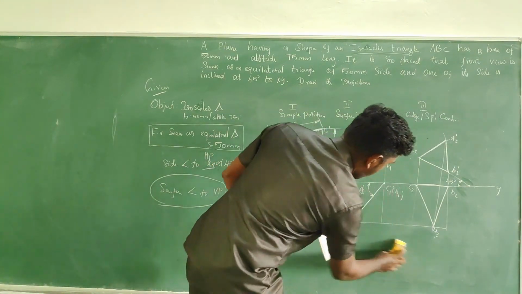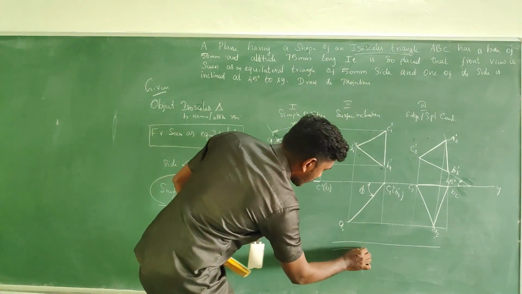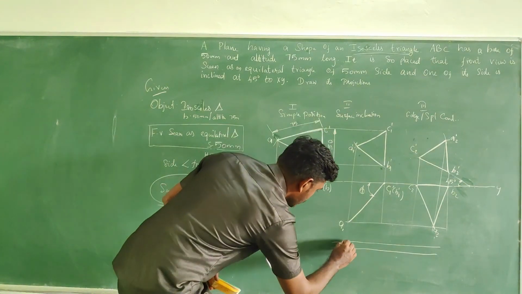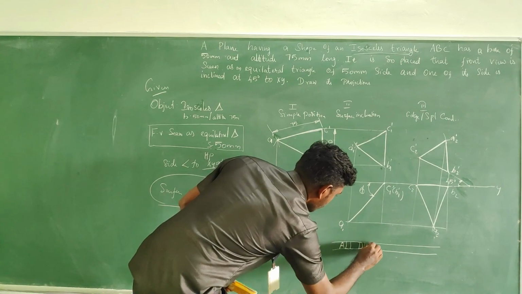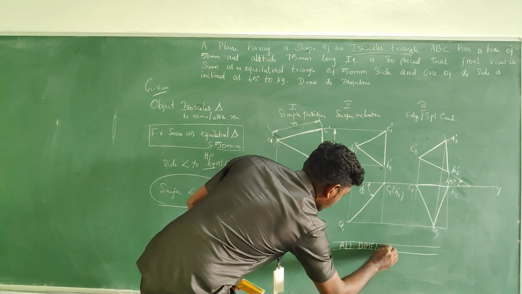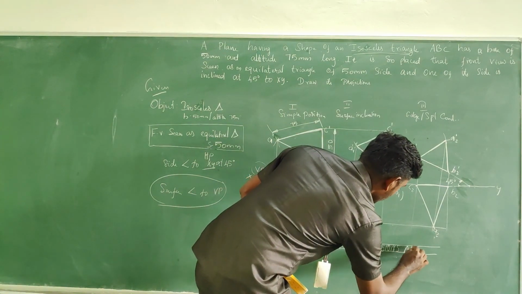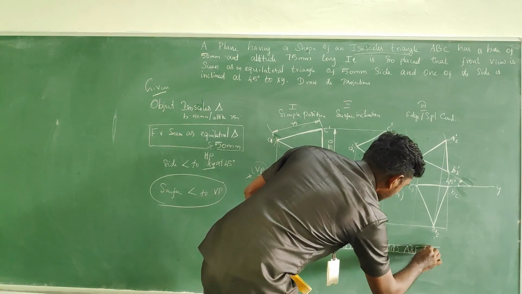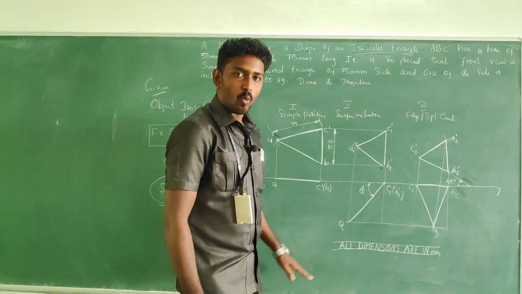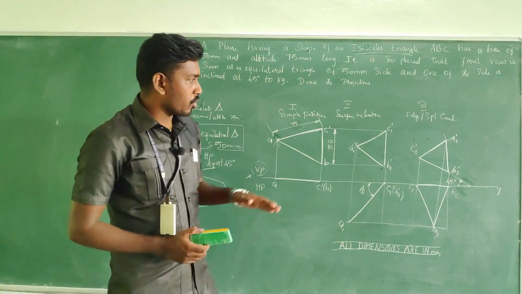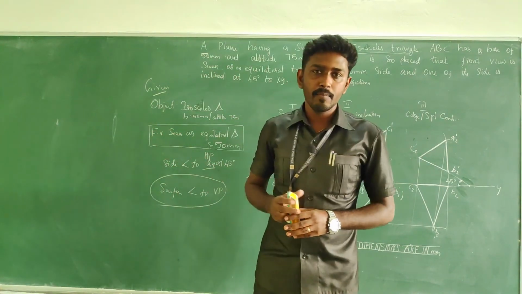For that, take the guidelines with a 5 mm gap and write all dimensions in mm, and also write about the scale, which is 1:1. Okay, I hope you understood how to work when you are having such conditions. Okay, thank you so much.